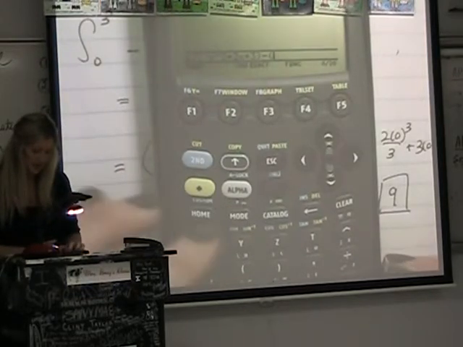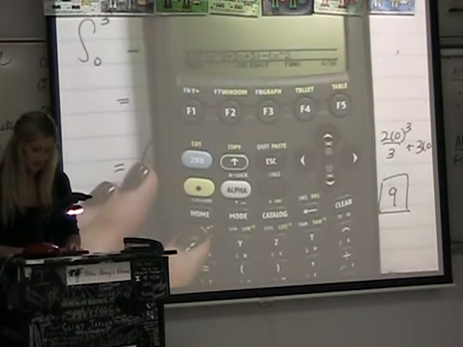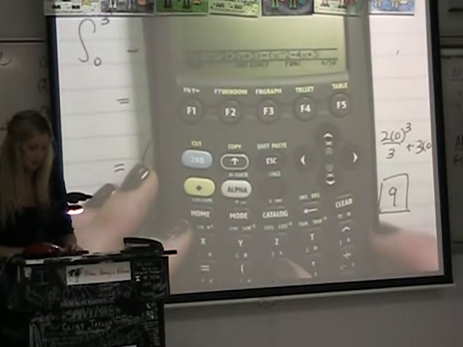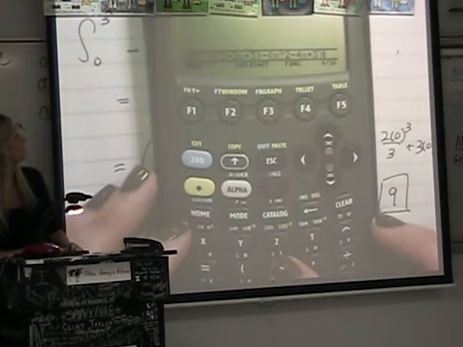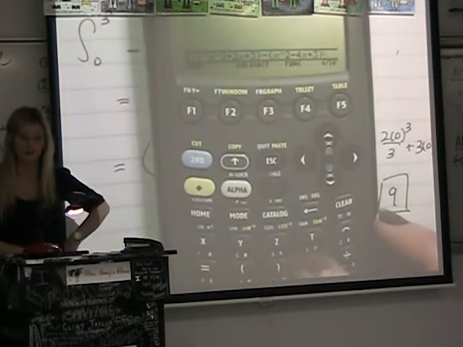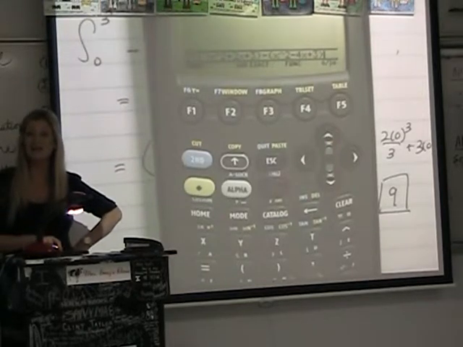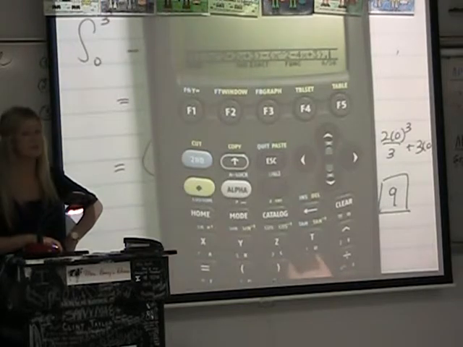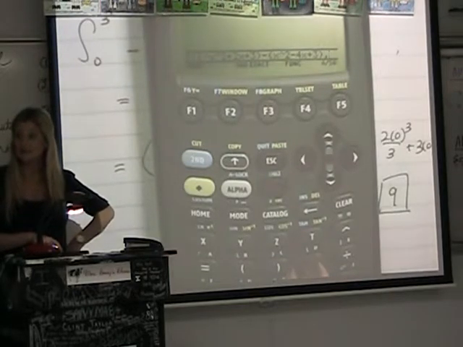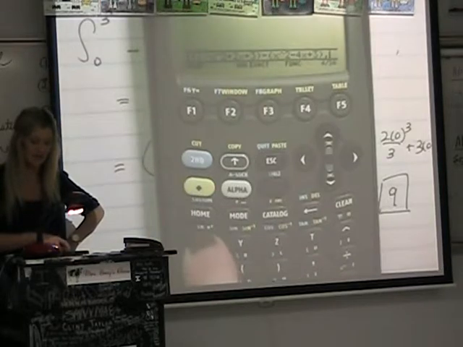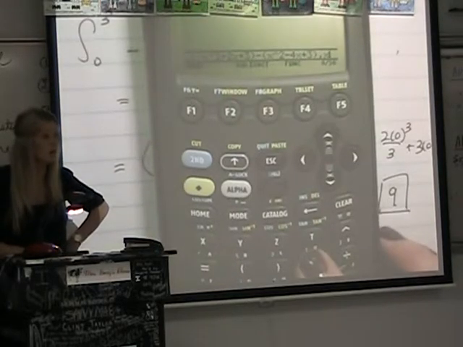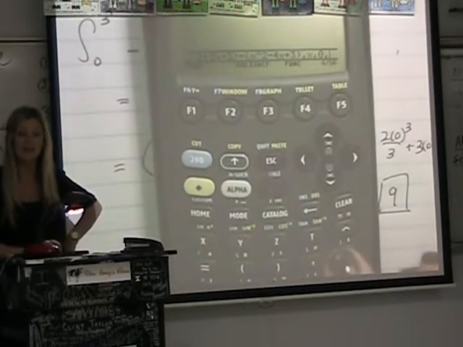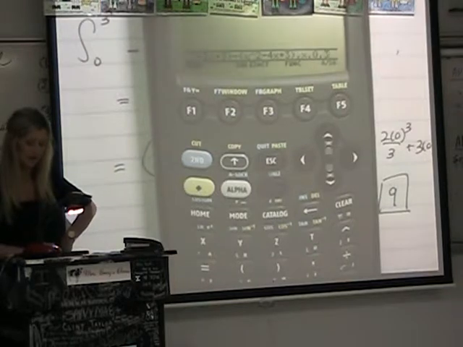And then type in x squared minus 4x plus 3. Close that parenthesis. Then you're going to need a comma. The comma is right to the left of the division symbol. So you need to tell it what to anti-differentiate with respect to, and that's going to be x. Then you need another comma with the lower bound, which was 0. Another comma with the upper bound, which was 3. And then close your parenthesis.